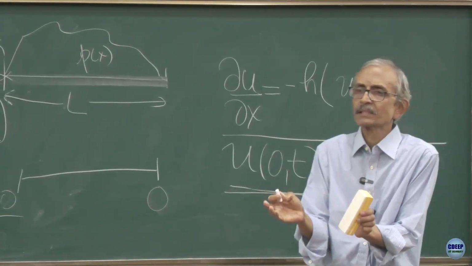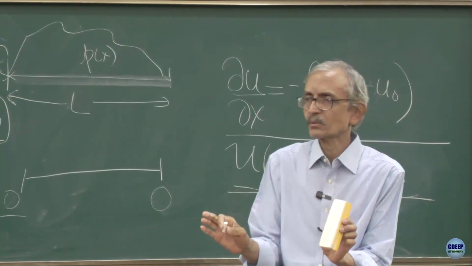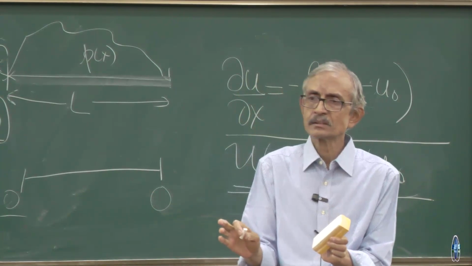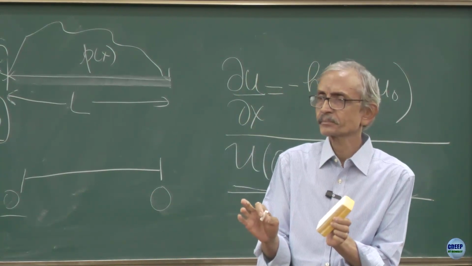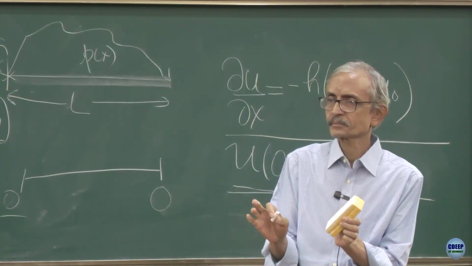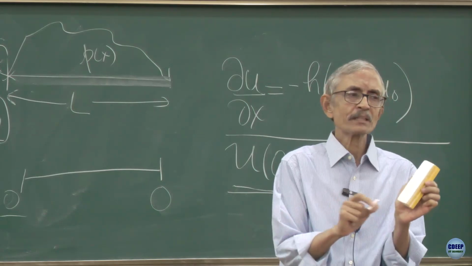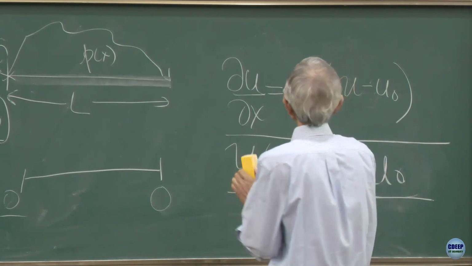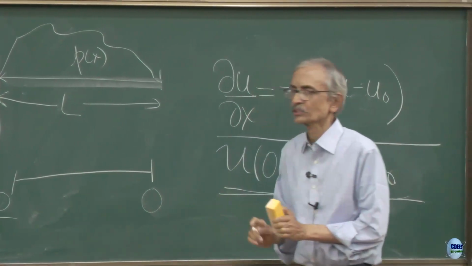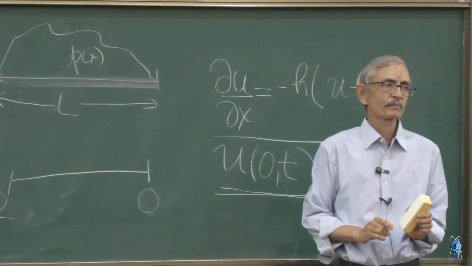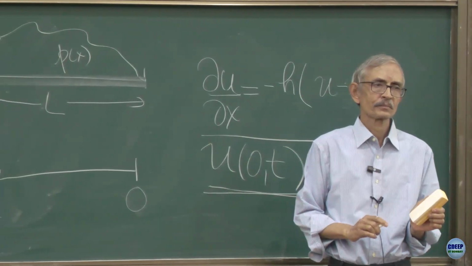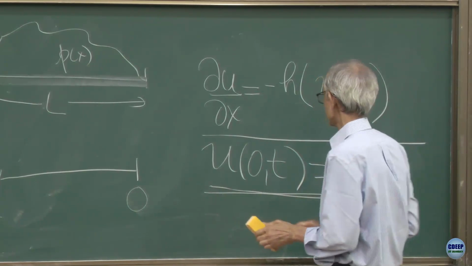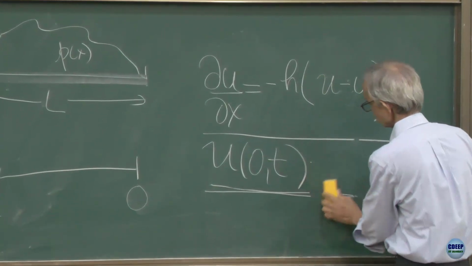I want to make it 0 somehow. So we change variables. What would be the strategy? I would like to get a 0 on the right hand side. I am permitted to make changes to the governing equation. What would I do? I will just say u minus u naught, correct?